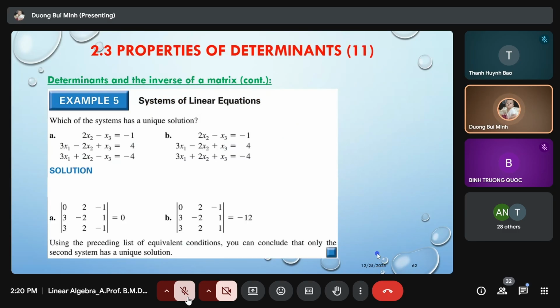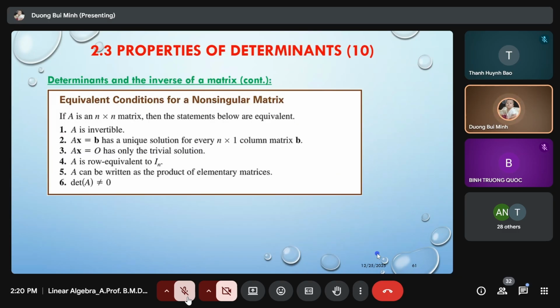We have some properties, and this one is very easy; you can understand it for yourself. Equivalent conditions for non-singular matrices: a non-singular matrix is always an invertible matrix.